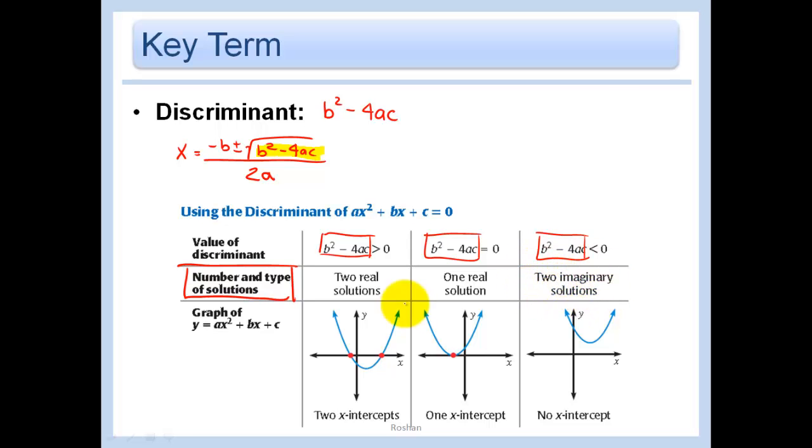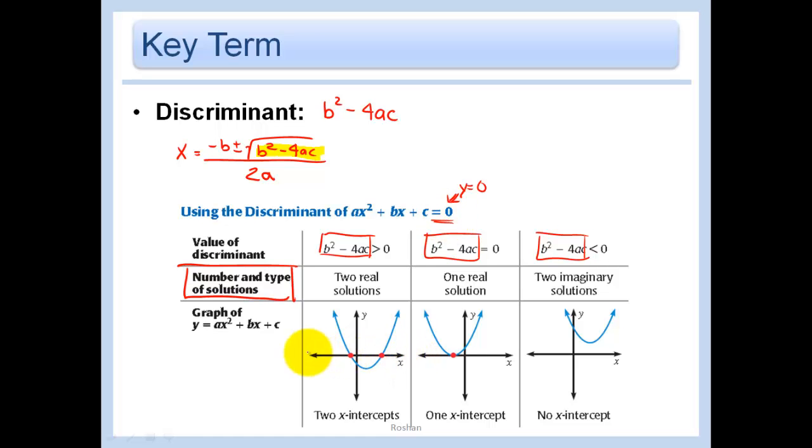Now, what does it look like on a graph? What does all this mean? If I have two real solutions, remember, I'm looking at quadratics and I'm saying, when does it equal 0? Equal 0 means, when does y equal 0? Because normally I have the equation y equals ax squared plus bx plus c, so I've replaced the y with a 0.